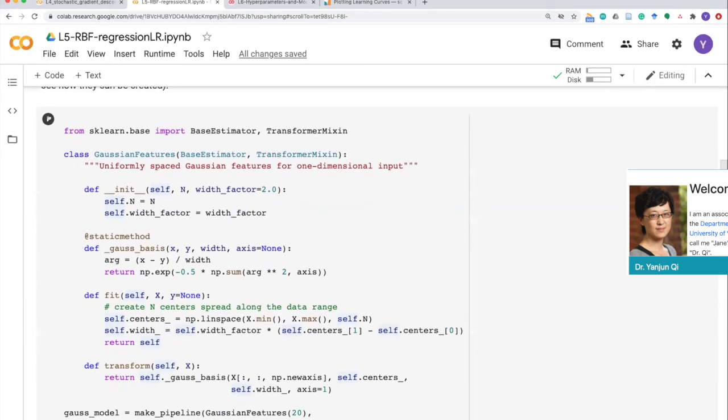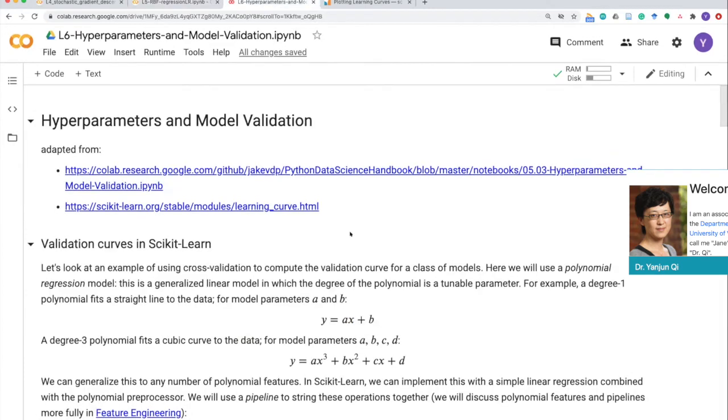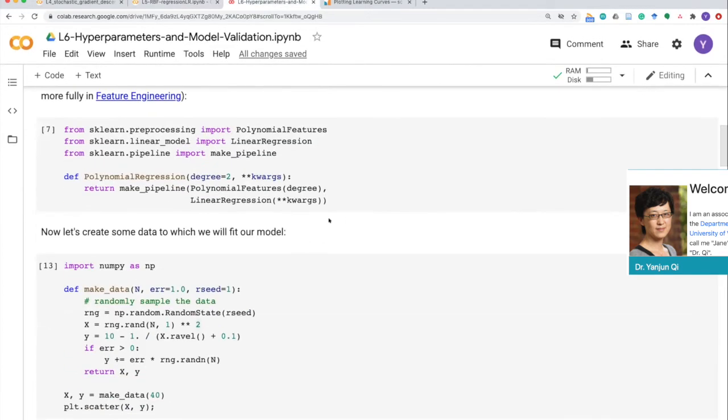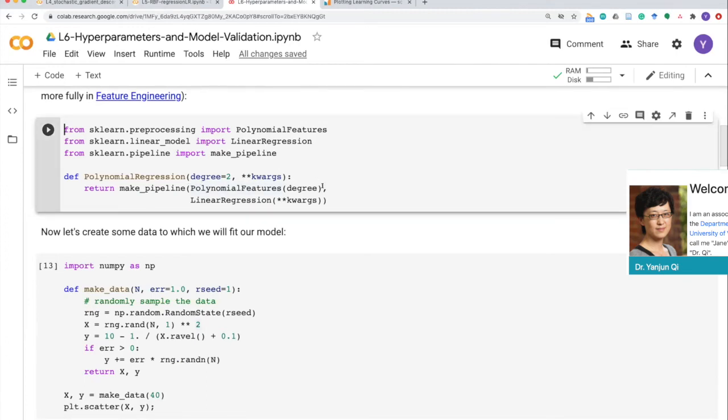If you still remember the polynomial regression Python notebook we ran last time, it was very simple. You just reuse everything from linear regression, using this pipeline wrapper, and only change the feature using this polynomial feature generator.